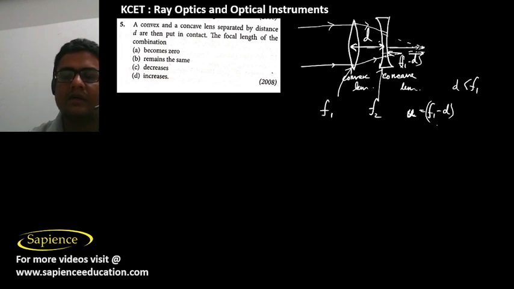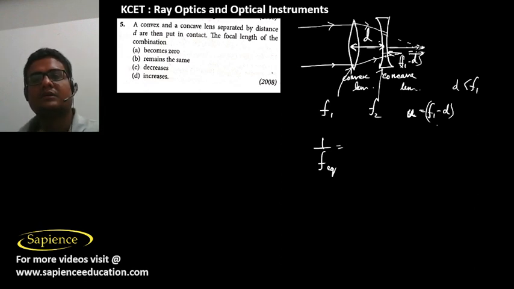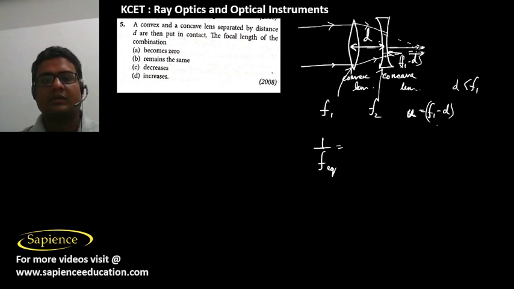Then the final v will come as final v, with respect to the full length of the combination.